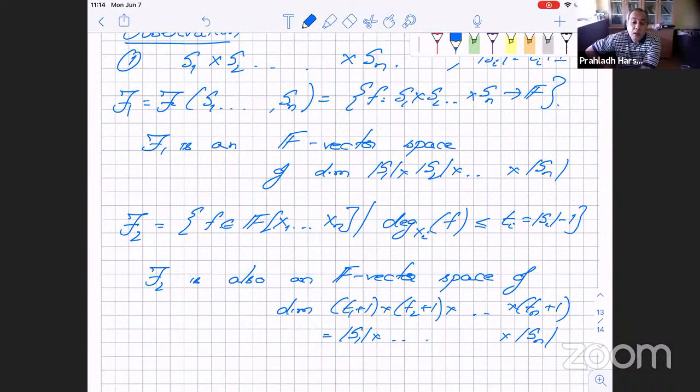Yeah. For that, you need one fact. You need to show that two distinct polynomials don't map to the same function. They could be two distinct polynomials, but they could become the same function. Basically, you could have a polynomial p in F2 and a polynomial q in F2 which map to the same function.